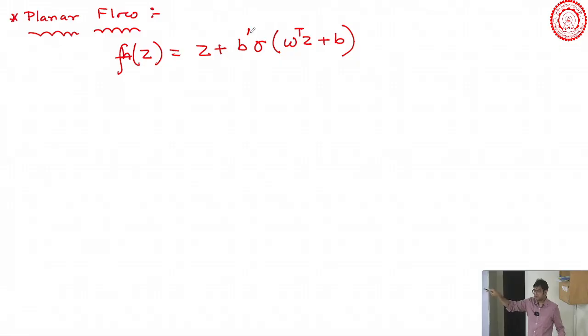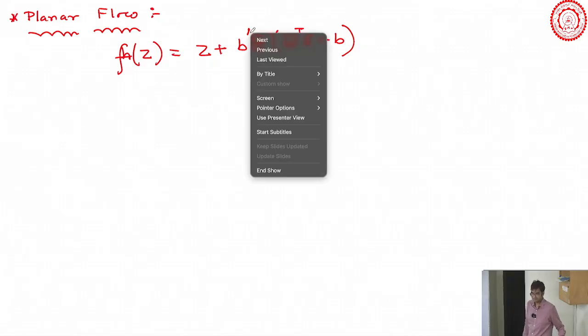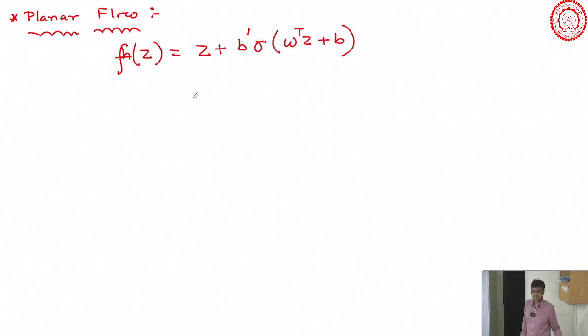And now if you want to find the inverse of this, you can do it by using something that is known as the matrix determinant lemma. It basically gives you that if you have a plus u v transpose, the determinant of that is equal to determinant of a multiplied by 1 plus v transpose u, something like that.